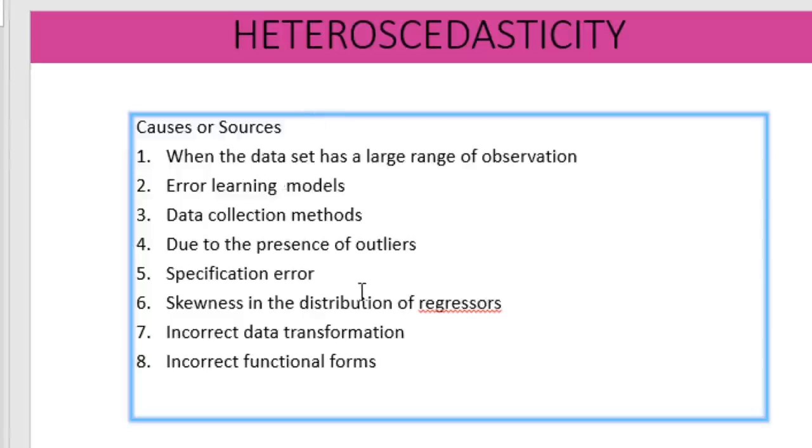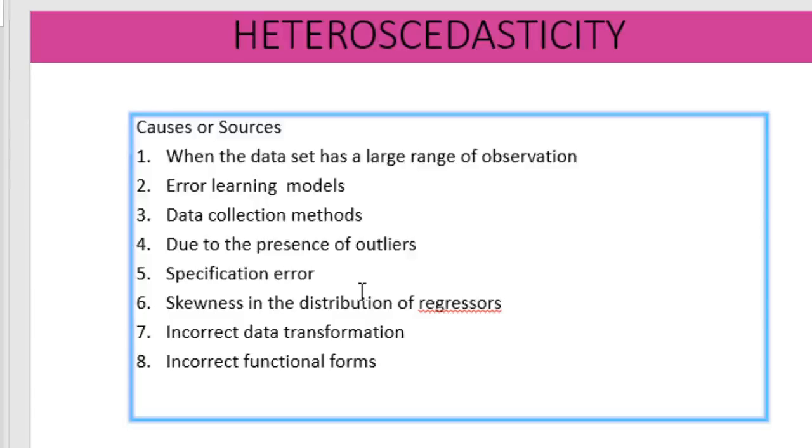There are several reasons, causes or sources of heteroscedasticity. The first one is when the data set has a large range of observations, there is a very high possibility of heteroscedasticity. The second one is the error learning model. Here, as people learn, their errors become smaller and smaller.